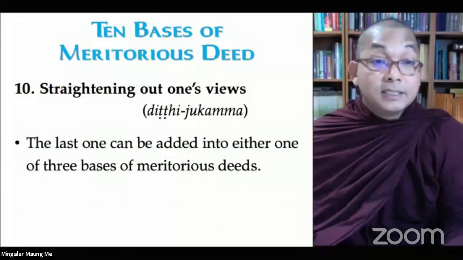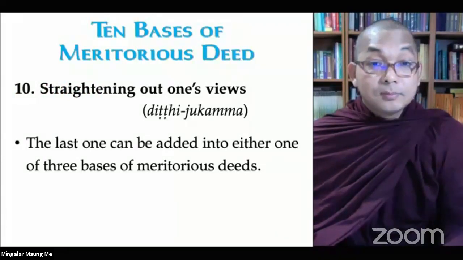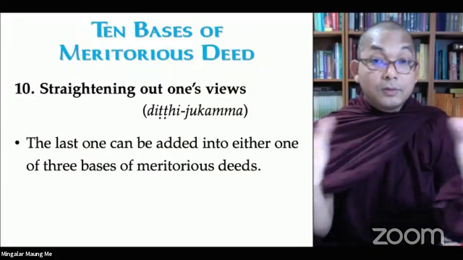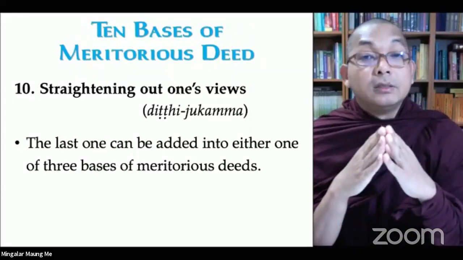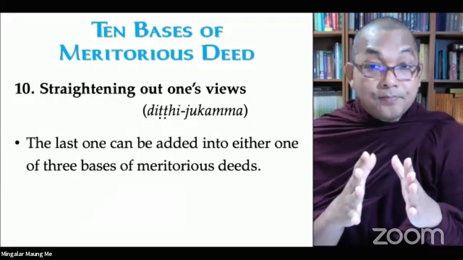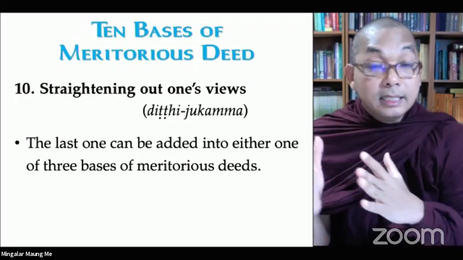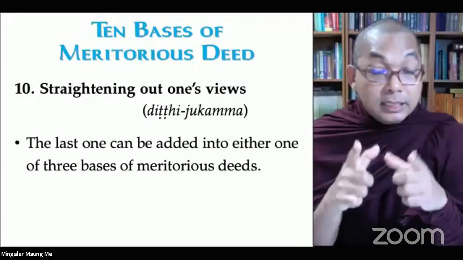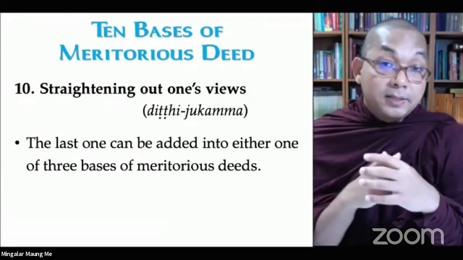The last one is straightening out one's view. So your understanding is straight, not crooked. That means you have a clear understanding about dana, sila, and bhavana. For that reason, this one can be added into any one of them.